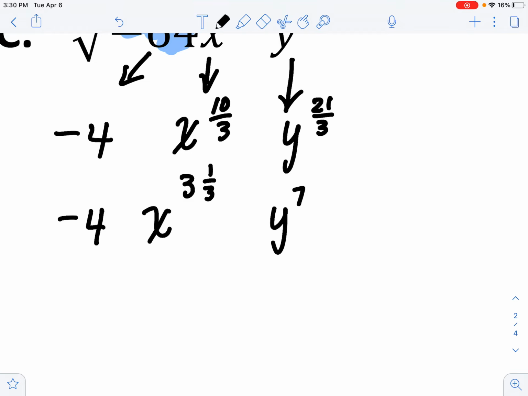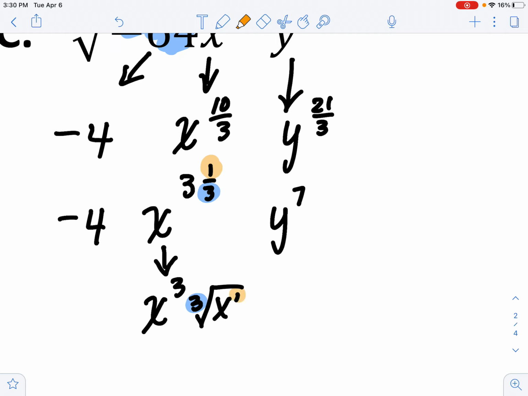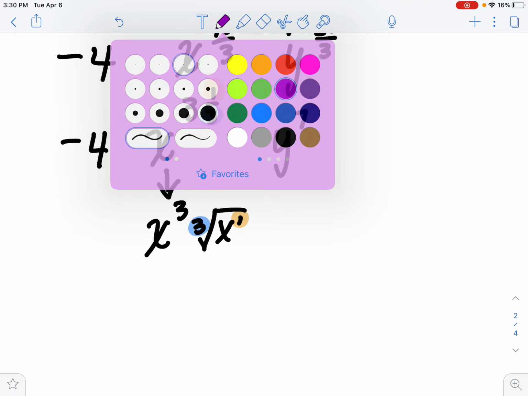And then this is y to the 7th. 21 divided by 3 is 7. So this as a radical would be x cubed and then cubed root of x to the 1st. And you can put the 1 or not put the 1. Just remember, this is your index, the 3, and the 1 is your exponent of your radicand. So then put everything together.